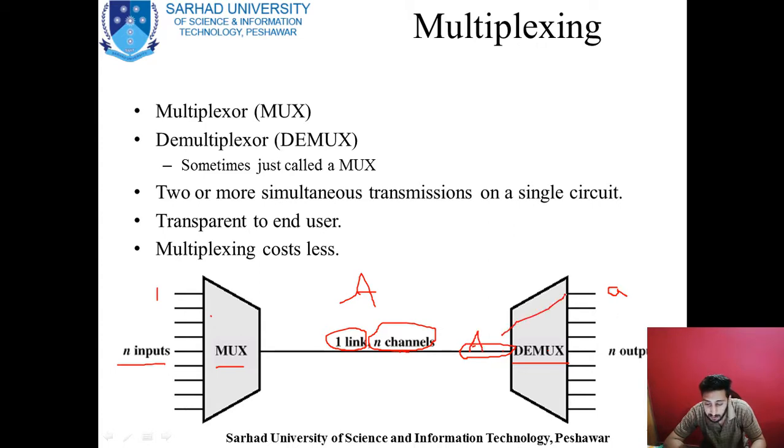This is the working operation of the DMUX. It provides relevant information to the relevant user. If this A is not for B or any other user, it will not provide it to them. If it is only for A, the DMUX is responsible for delivering this message only to A from this chunk of messages that it has retrieved from a single line.